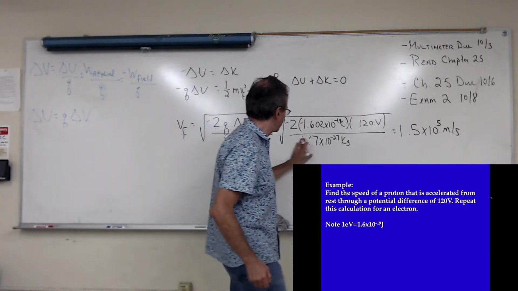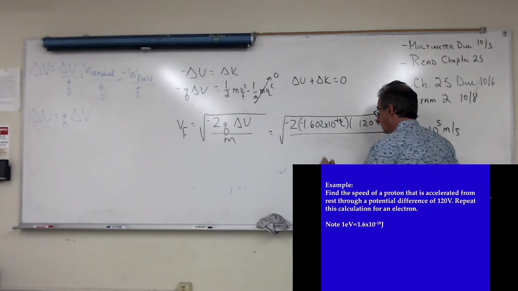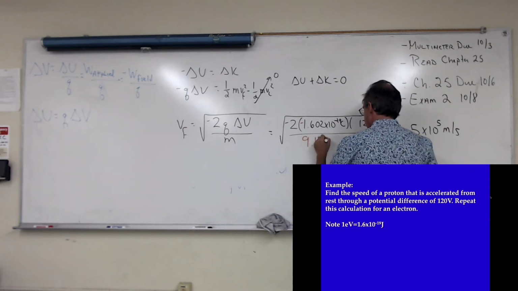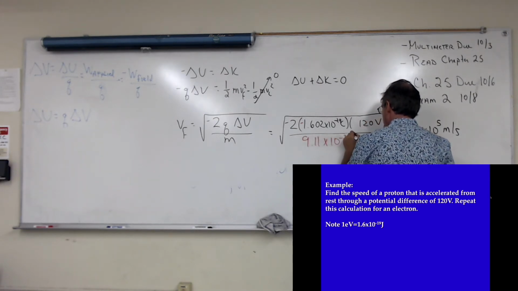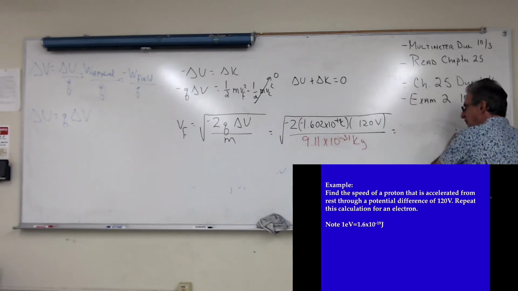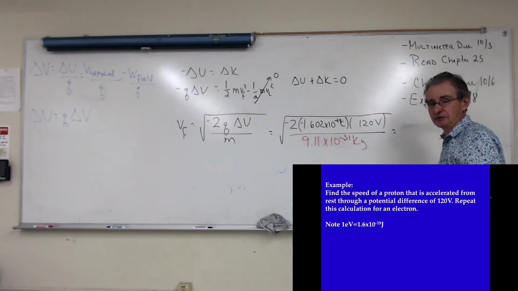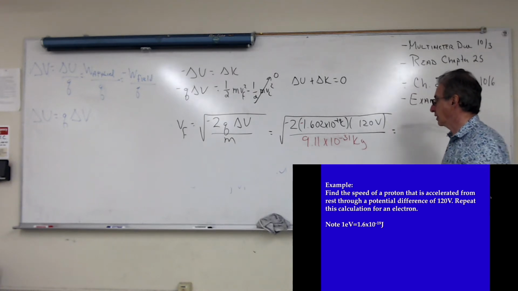And then this is a different value. The electron's lighter. I don't have that value written down, but it's about 40 times greater. Okay. So this is for the electron.